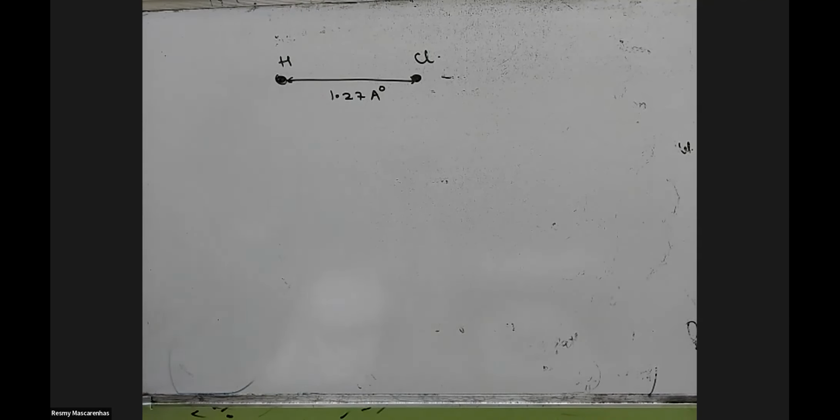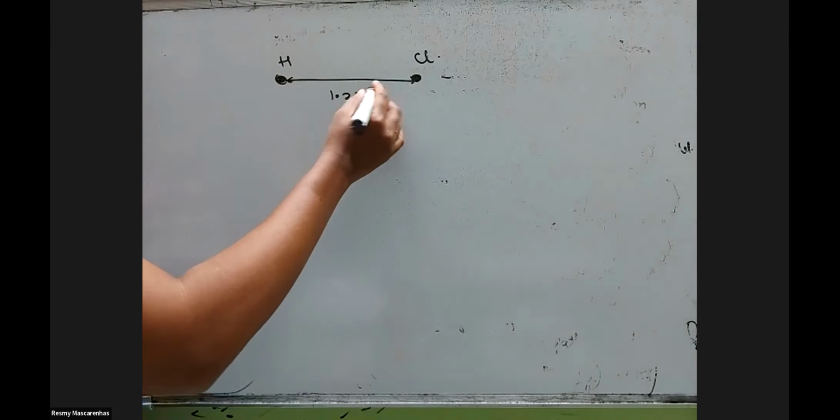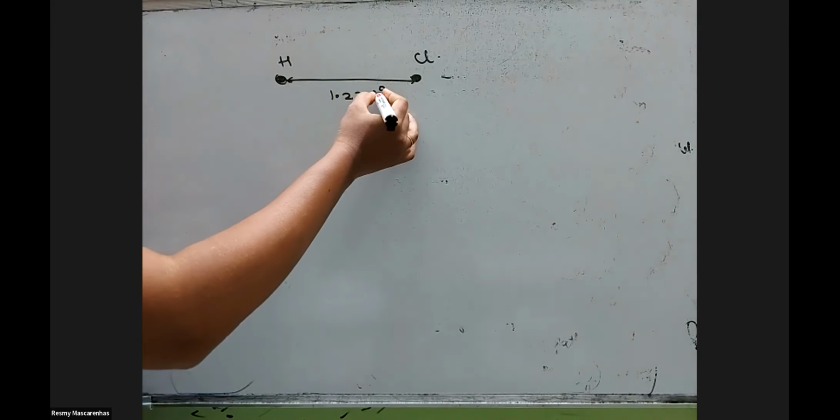Does anyone know what is that A naught? I have heard about it. I think in chemistry I must have done that. Something called as Angstrom's number. Okay, Angstrom's.